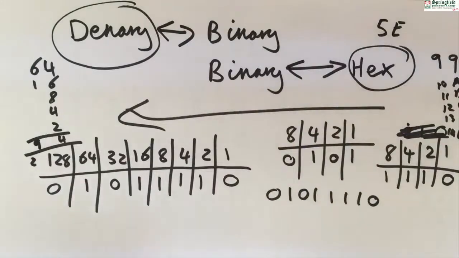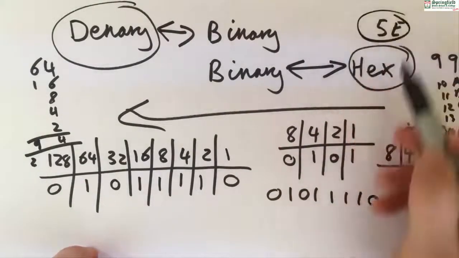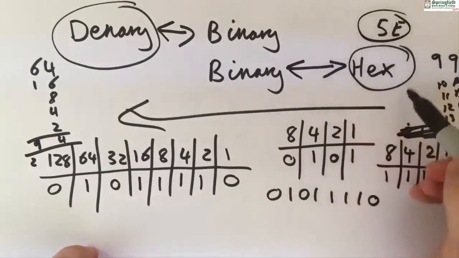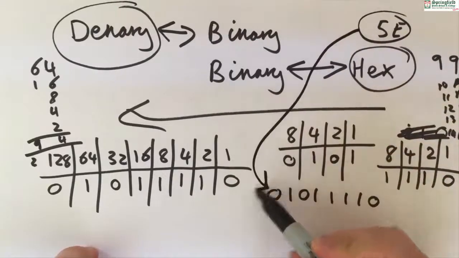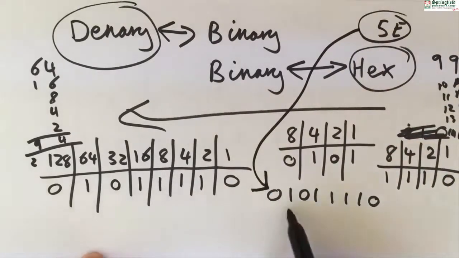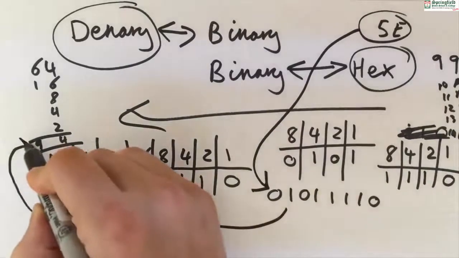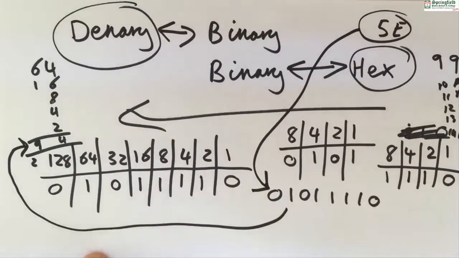So I can safely say now that 5e is equal to this binary number, which is equal to 94, this denary number. Now you can see you end up with a lot of working here. Please, when you're doing this in an exam, make it very clear to the examiner your actual end answer.